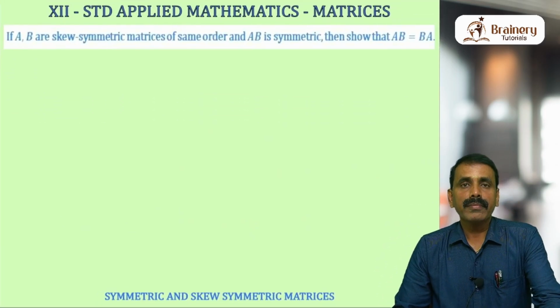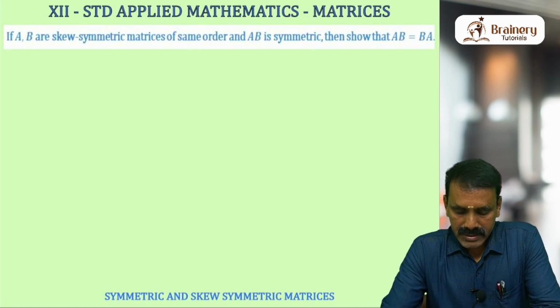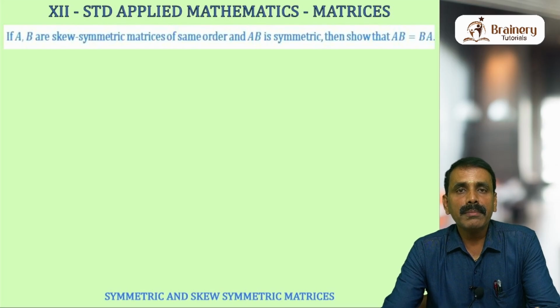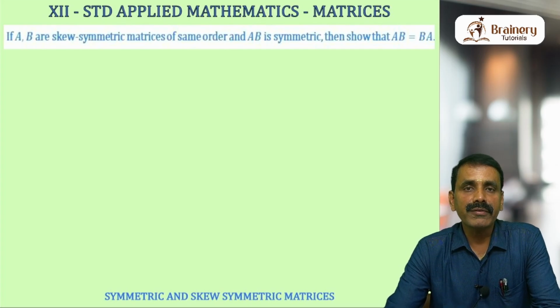Now in the same way, if A and B are skew symmetric matrices of the same order and AB is a symmetric matrix, then show that AB is equal to BA. Earlier we proved it with the help of a symmetric matrix. Now we are going to prove it with the concept of a skew symmetric matrix. That is the difference.